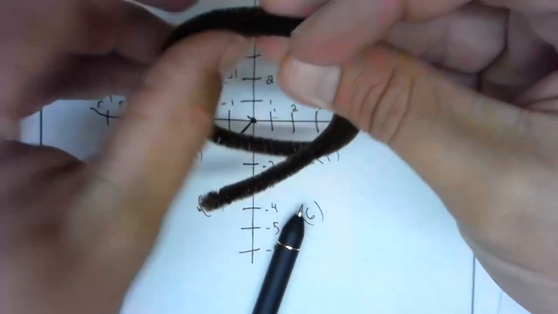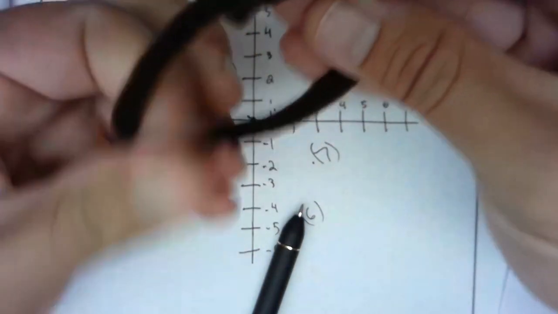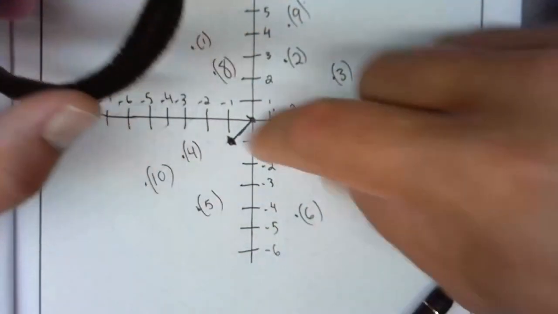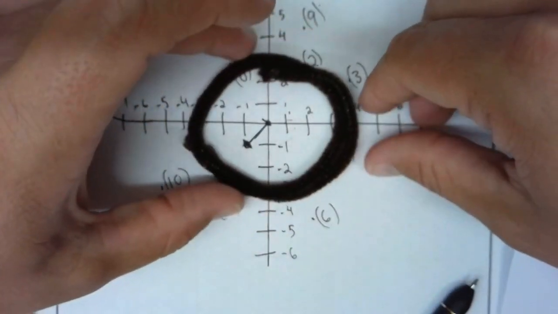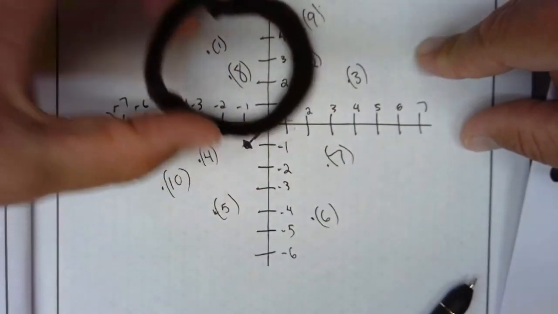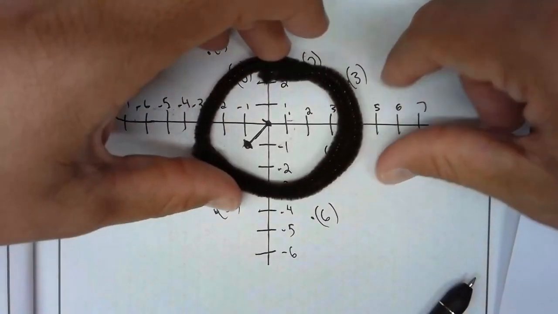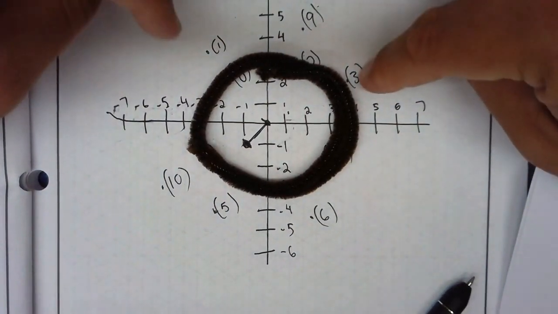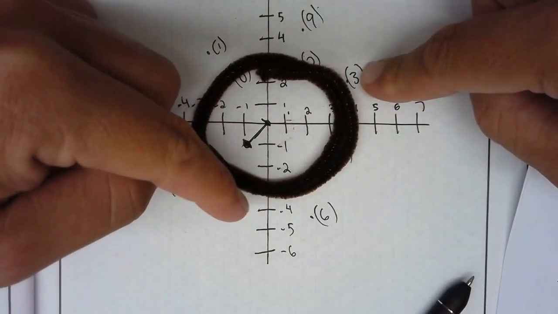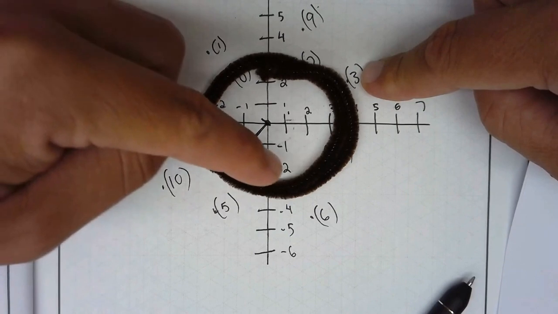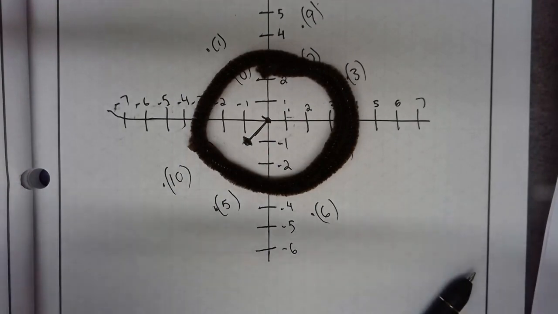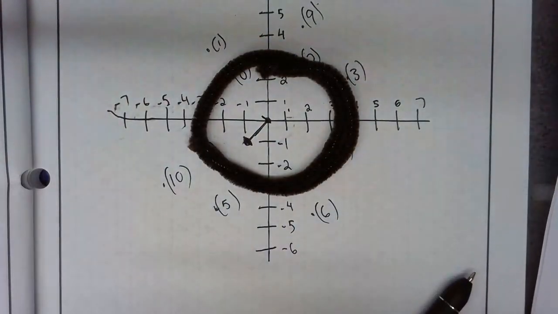Then my next one has to fit the next 5 bits of data. So I have 1, 2, 3, probably 4, 5-ish. My next circle is going to encompass my next 50% of data.